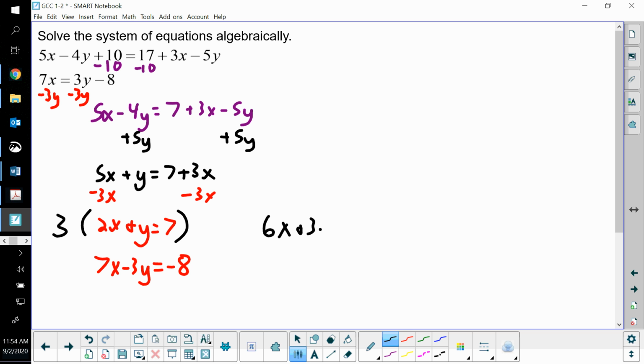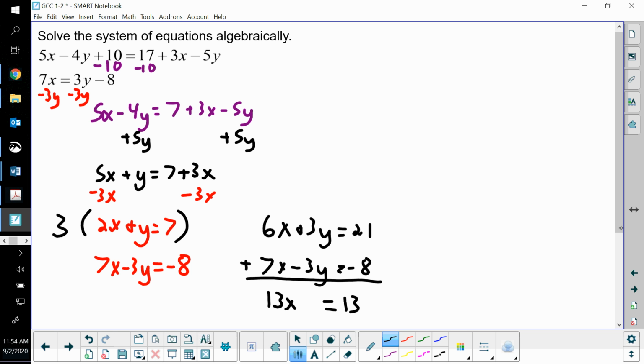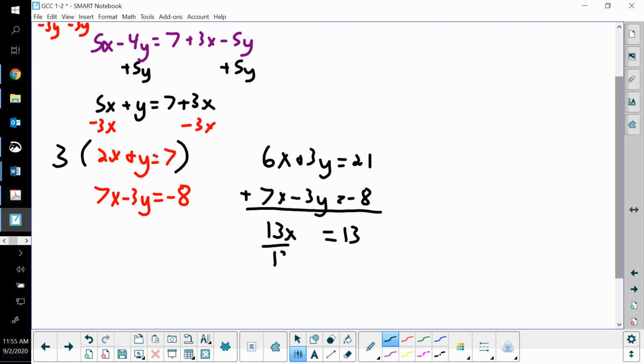We'll get 6x plus 3y equals 21. We'll rewrite the other one. This will give us, when we add the equations, 13x is equal to 13. And when we divide the 13 over, you get x equals 1.